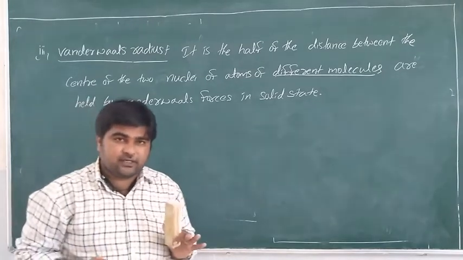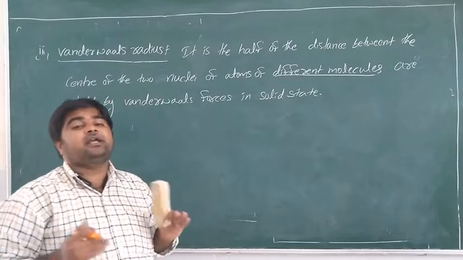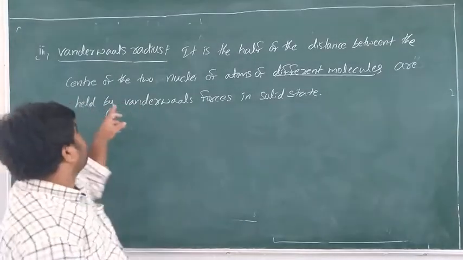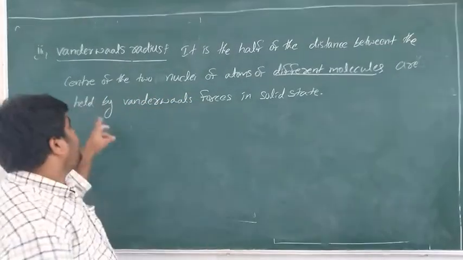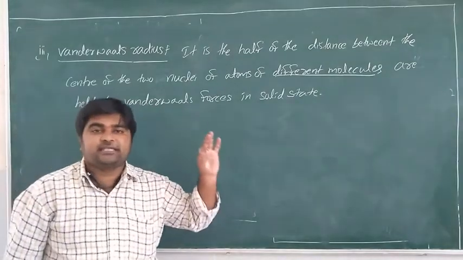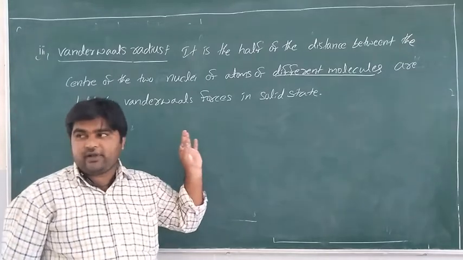Is it clear what I am saying? It is half of the distance between the centers of the two nuclei of atoms of different molecules held by van der Waals forces in solid state. It is called van der Waals radius. So what is the van der Waals radius?